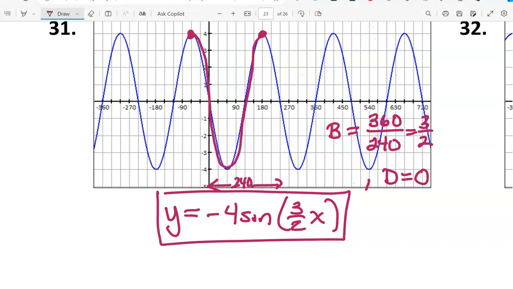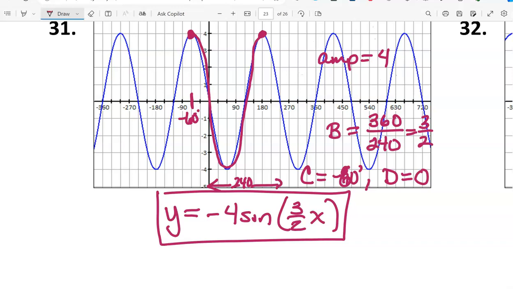So I might use this as my full cycle of cosine. We still have a vertical shift of 0, but now we have a horizontal shift of -90 degrees because our cycle starts right here at -90 degrees. The period's still the same, and the vertical shift and amplitude are still the same.